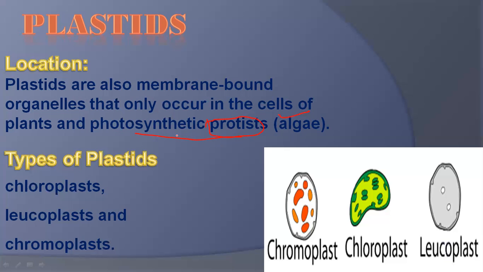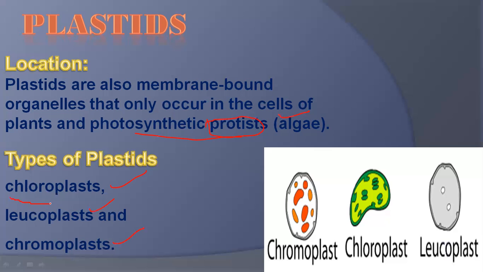When we see the types of plastids, one type is used for photosynthesis. So three types of plastids have been found: number one, chloroplast, leucoplast, and chromoplasts.